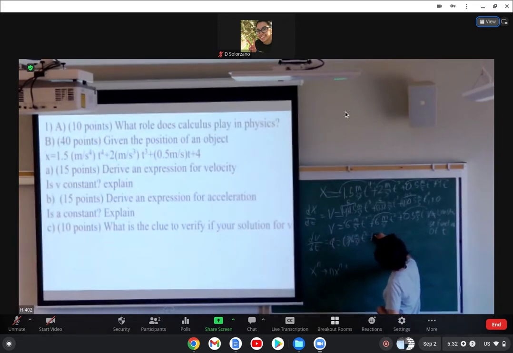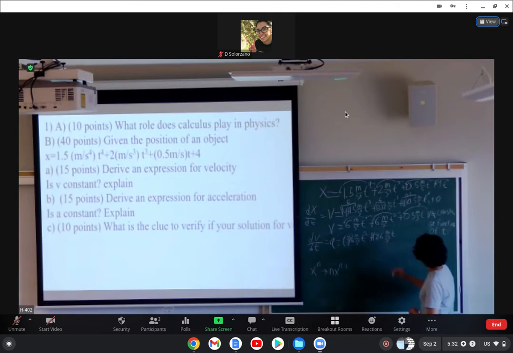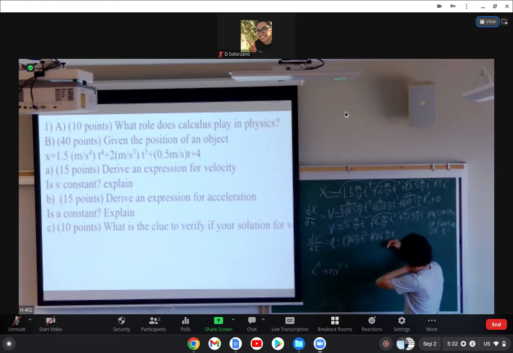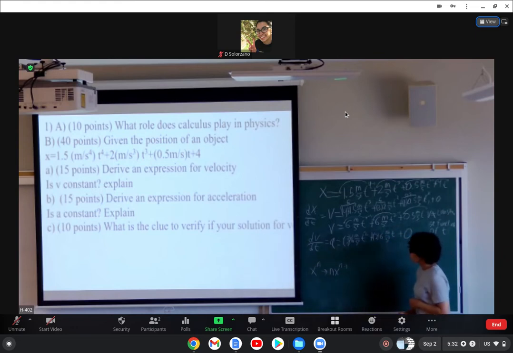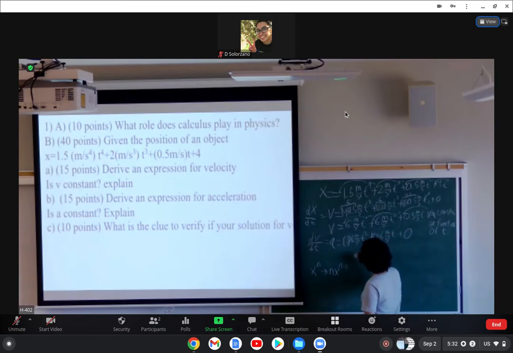Plus 2 times 6 meters over seconds cubed, t to the 1 becomes t to the 0. And this last one just becomes 0. So 2 times 6 is 12. 3 times 6 should be 18.